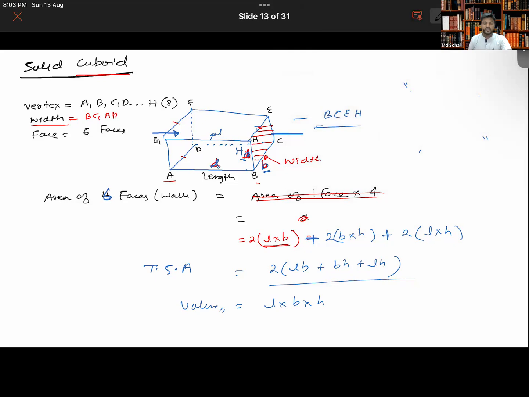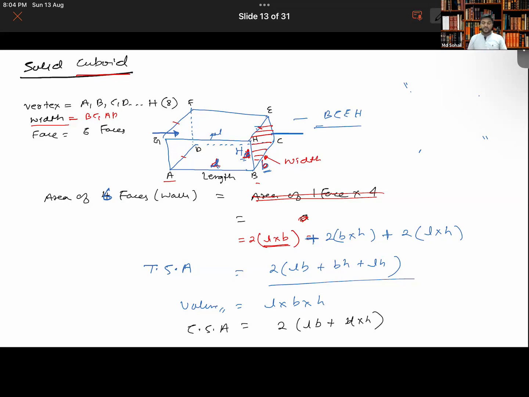What if you were to just find the curved surface area, not the total surface area? Then it's going to be height times length plus breadth: 2 into h into L plus B. Or is that wrong? 2 into length into breadth plus length into height, no?